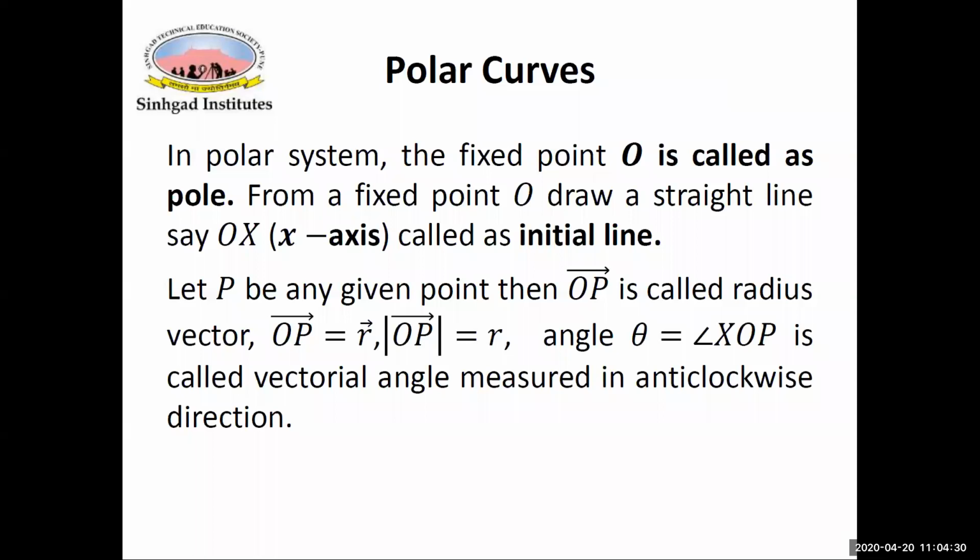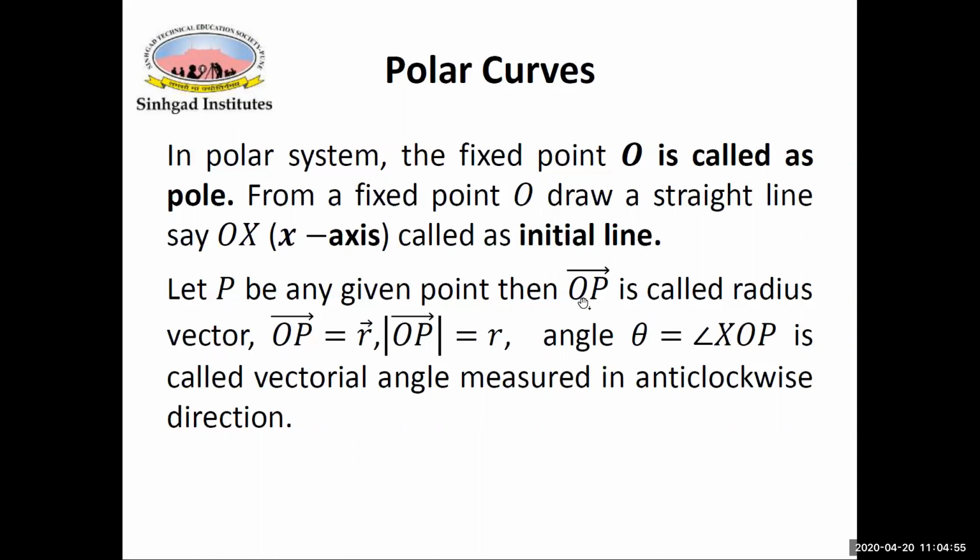The first and most important thing: polar curves are expressed in terms of r and theta. In polar curves, origin O is called the pole, whereas the line drawn from origin along the x-axis is called the initial line.